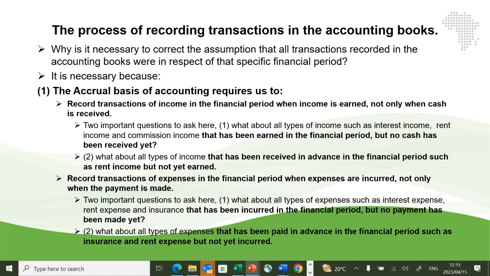So that expense has been incurred. What accrual basis demands of us is to record the transaction of expenses in the financial period when expenses are incurred. If you incur that water and electricity in the financial period, please record that, even if you haven't made the payment for that expense.